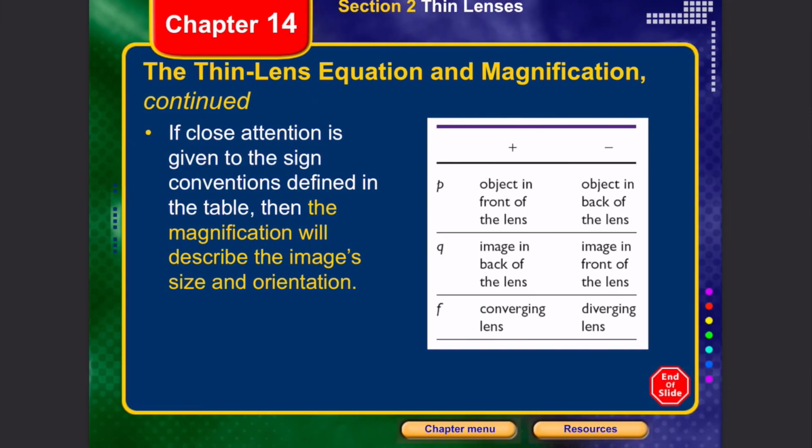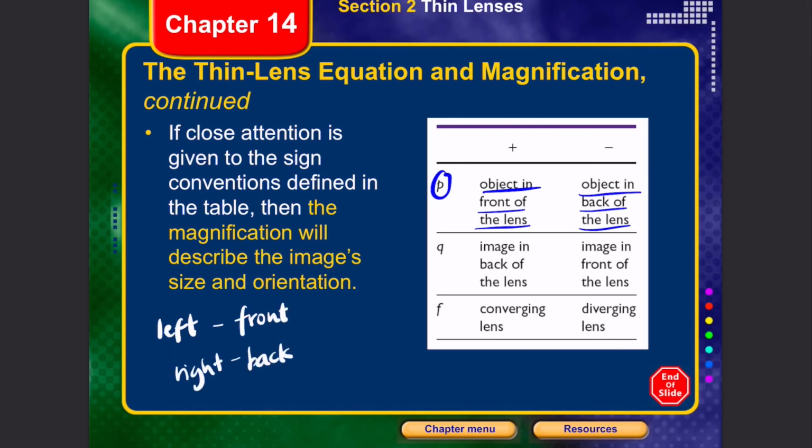Now, to make sure the actual values are correctly given, we always have to use a common template for the positive and negative signs. So p is positive when the object is in front of the lens, and negative if it's in the back of the lens. Remember that whenever you take a lens, the left is considered the front of the lens and the right is considered the back.